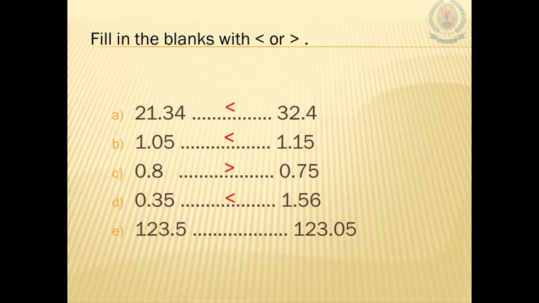They are also the same, and you can move to the units place. They are also the same. Then you can look at the number of tenths. 5 and 0. 5 is greater than 0, so you can tell 123.5 is greater than 123.05.